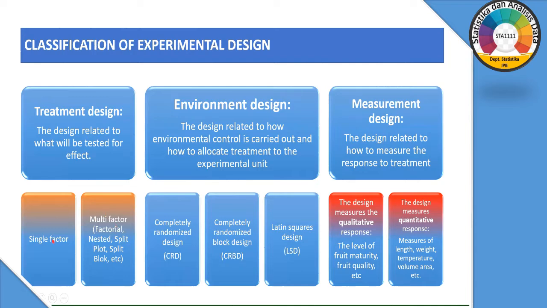As in the previous example, if you want to see the effect of dose on blood pressure, it is a single factor experiment. Or in another situation, you may conduct an experiment to see the effect of more than one factor. We call it a multi-factor experiment. That is the treatment design.